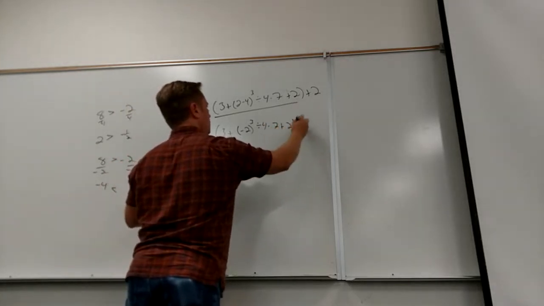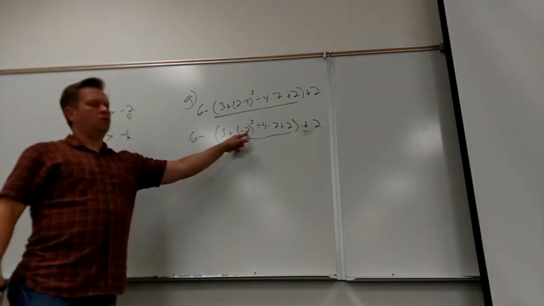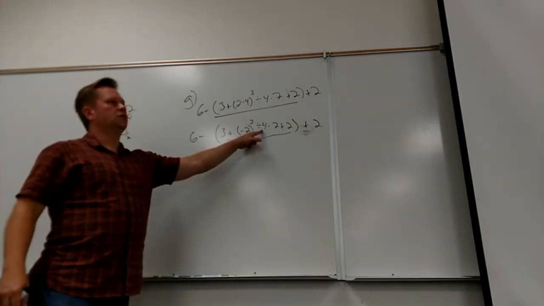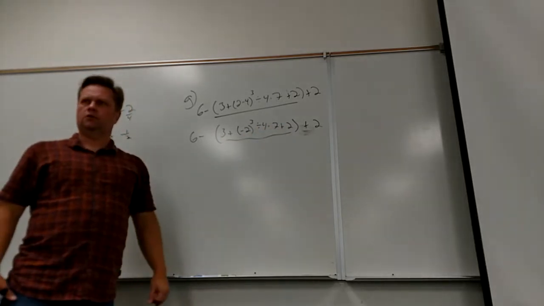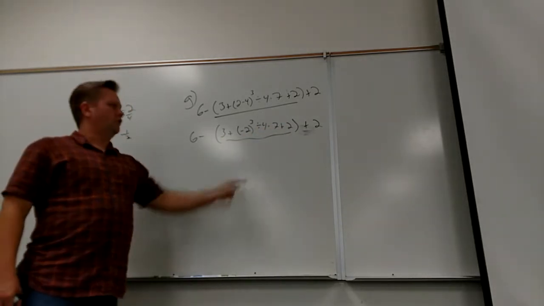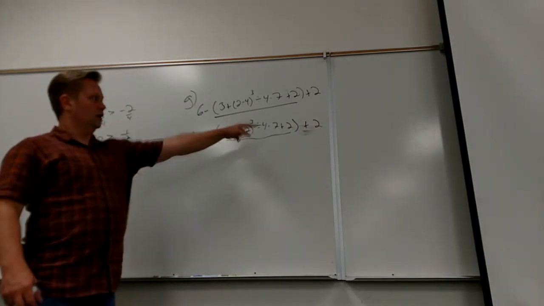And then you just keep going inside. Exponents, division, multiplication. Then you add those things, right? Good old PEMDAS. Once you finally figure out what that number is, you can subtract it from 6. And then add it to 2. Okay.